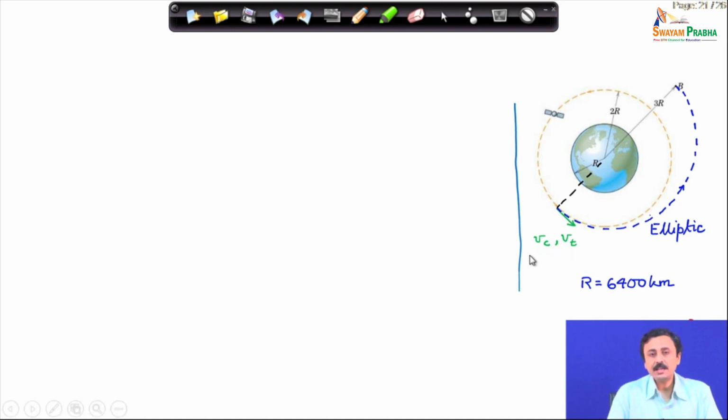Now, V c is the orbital speed on the circular path, and V t is the tangential velocity required to reach B as the apogee point. Therefore, V t must be the velocity on the elliptic path at perigee.